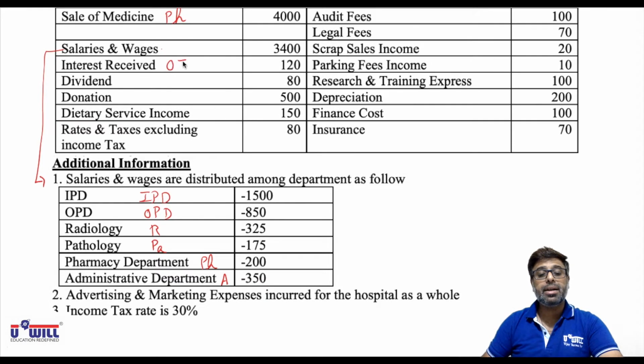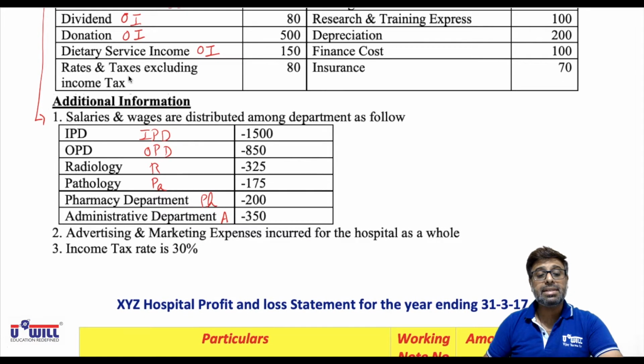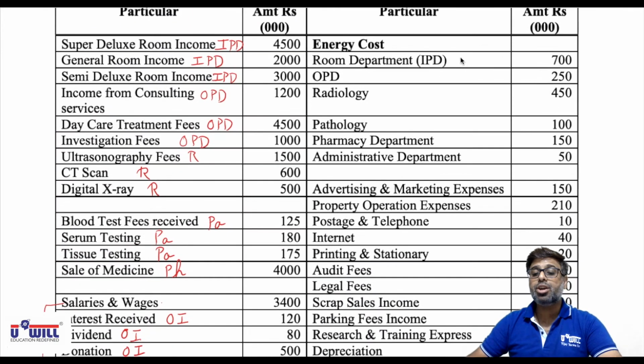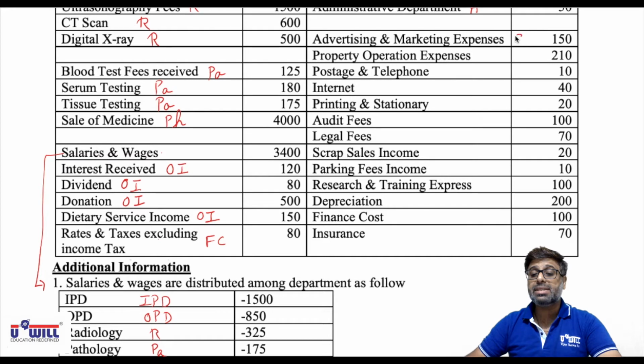Interest received, other incomes, dividend received, other incomes, donation, other income, dietary service income, other income. Rates and taxes, excluding income tax, so fixed charges, rates and taxes, rest in DPs. Energy cost: IPD, OPD, radiology R, pathology PA, pharmacy PH, administrative A. Advertising and marketing expenses, S, selling, property operation expenses, POM, property operation and maintenance, postage and telephone administrative, internet administrative, printing and stationery administrative, audit fees administrative, legal fees administrative.